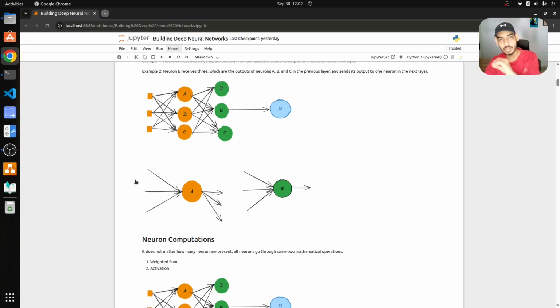The output from that specific neuron, A, will be sent to neurons D, E, F. So when it comes to E, again it takes three inputs from A, B, C, and it will generate an output which will be sent to the output layer.